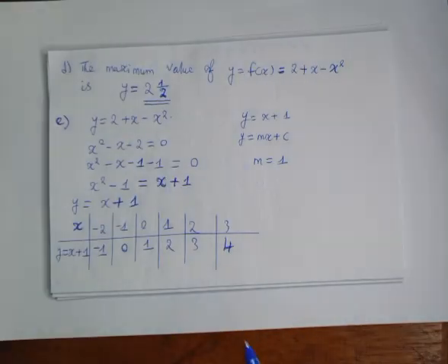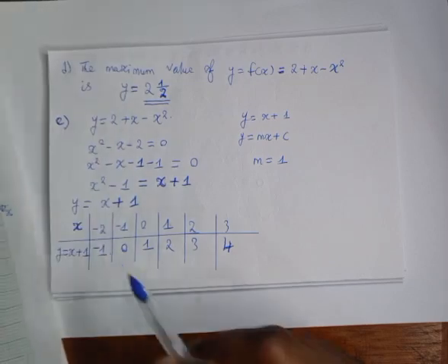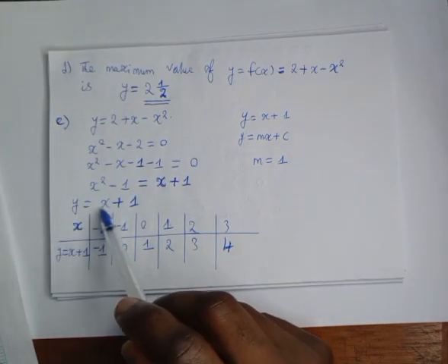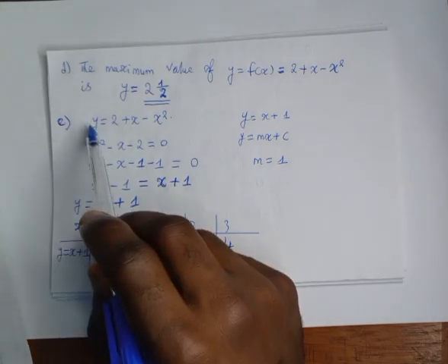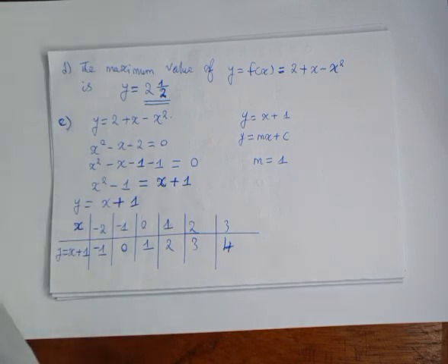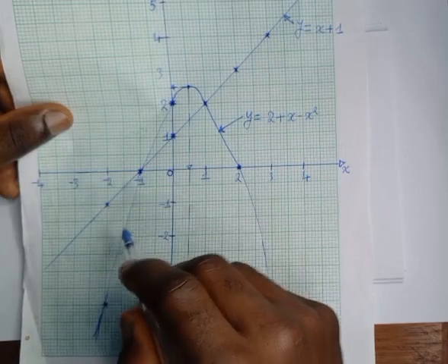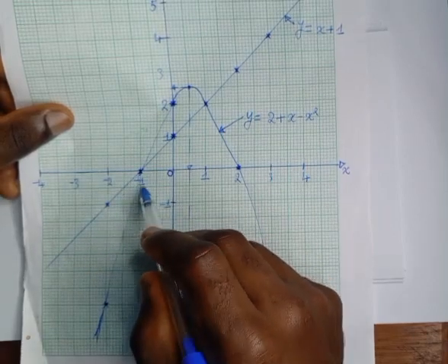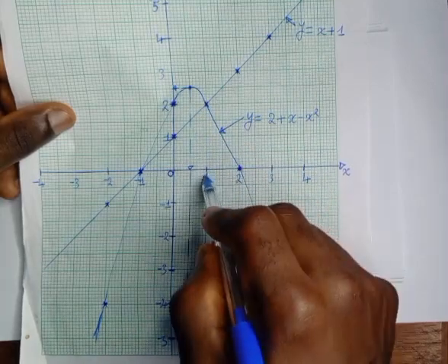For us to answer this problem, we are going to read the values of x at the point where the line y equal to x plus 1 intersects or meets the curve y equal to 2 plus x minus x squared. The points where they meet, we read out the x values. You see that they meet here, and at this point the x value is -1, and at this point the x value is 1.